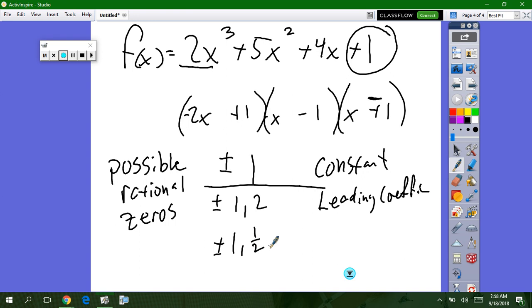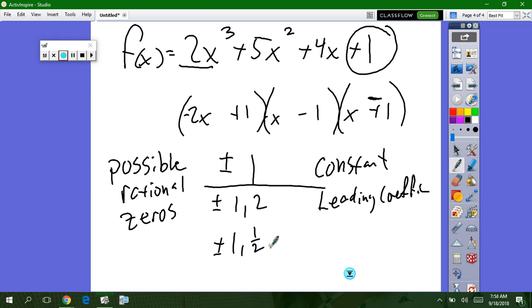Those are our 4 options for possible rational zeros. Yes, I just put plus or minus out front, but sometimes people do plus or minus in front of every single one. I just think that's overkill. Please understand in my notation, this is represented for everyone that's coming past. Is that okay with everybody? Because I don't want to do plus or minus a bajillion times.